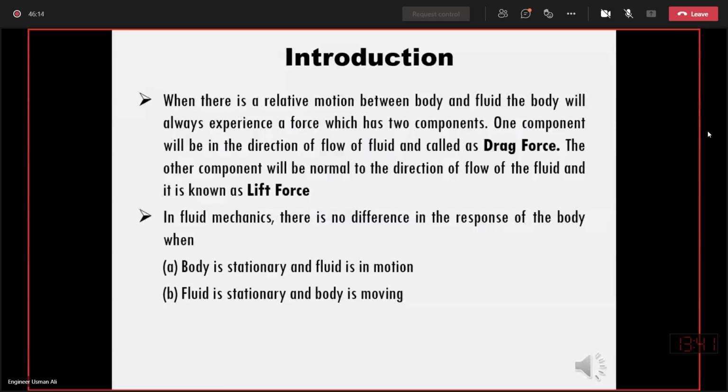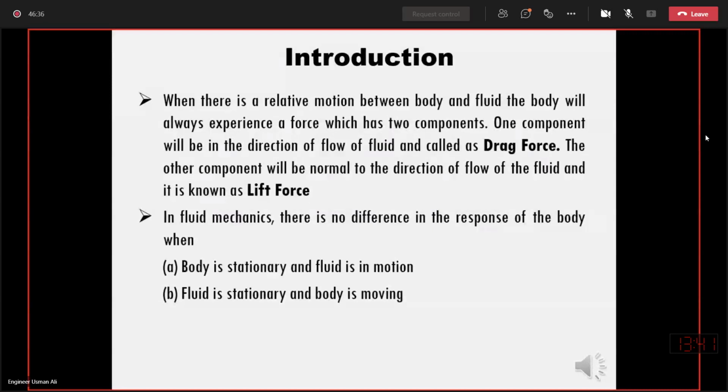In such cases, we may treat the body as at rest and the fluid as moving. In both cases, whether the body is moving and the fluid is at rest, or the fluid is moving and the body is at rest, the force will remain the same. In fluid mechanics, no difference is made in these scenarios.